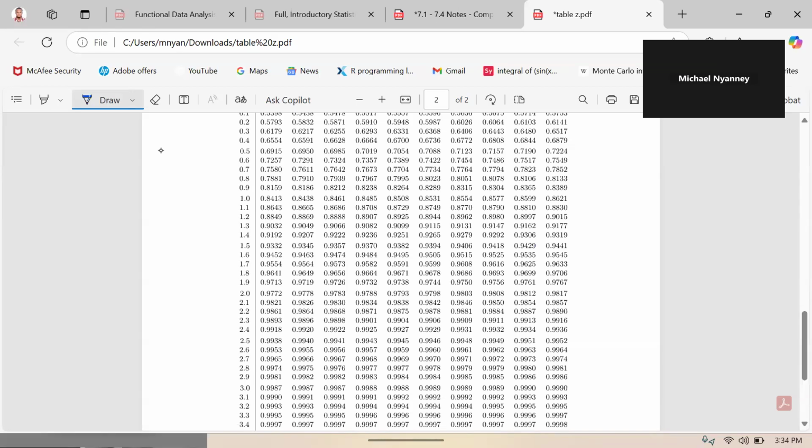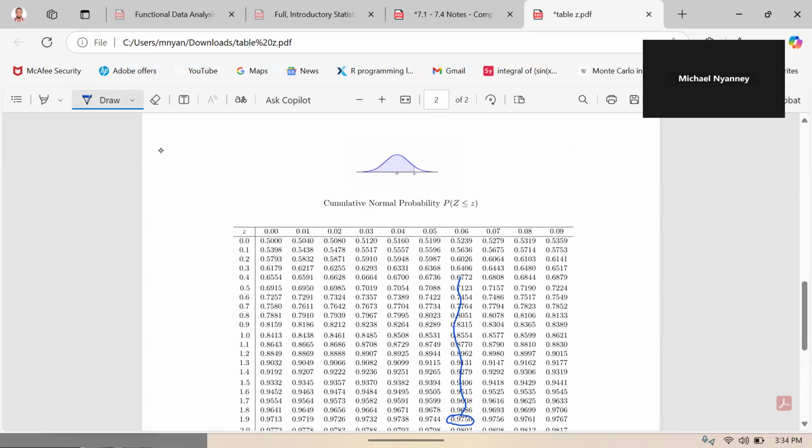Then we do the same thing. Then we go this way. So this gives you the positive value. So that is 1.96. Are we good?